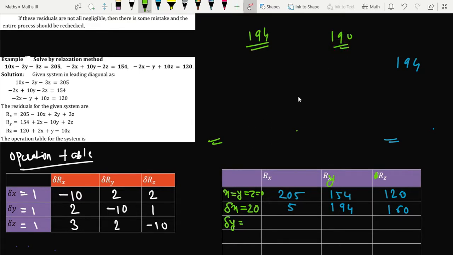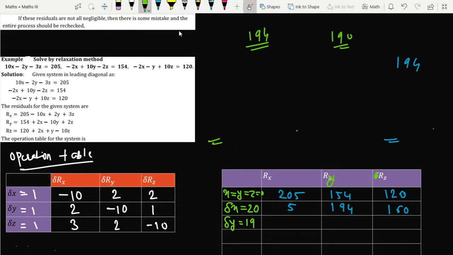Okay, 190 is close to 194, and the number must be a multiple of this number. So if I multiply this number by 19, we get 190. So we use the second term, that is delta y is equal to 19.